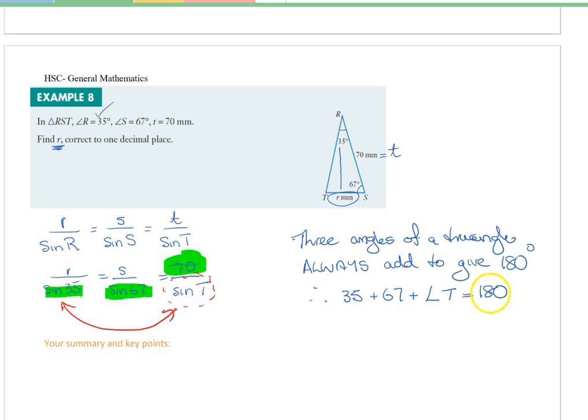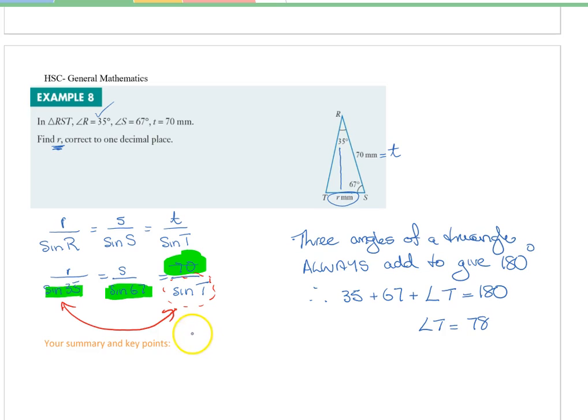And that must always equal 180. So that allows me to create an equation that the 3 angles add up to give 180. So if we complete that solving for T, getting T by itself, subtract 35, subtract 67, we get that angle T is 78. And that's great.